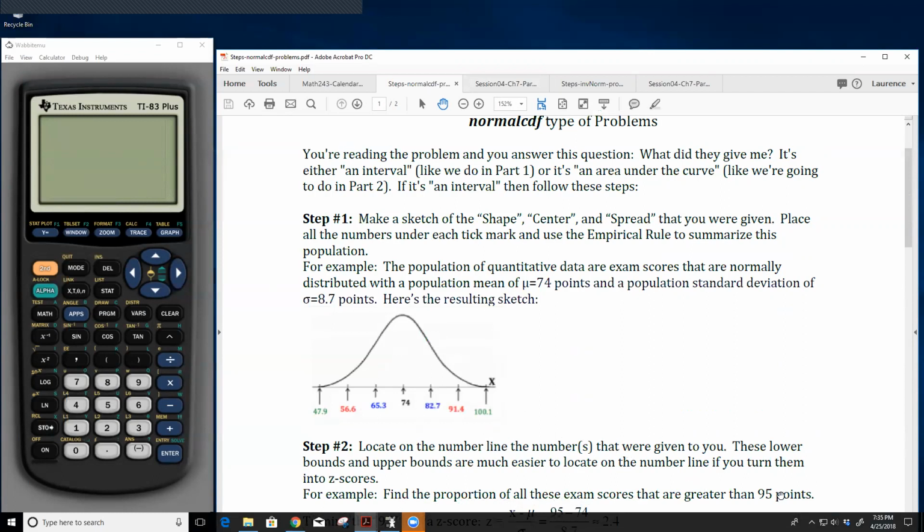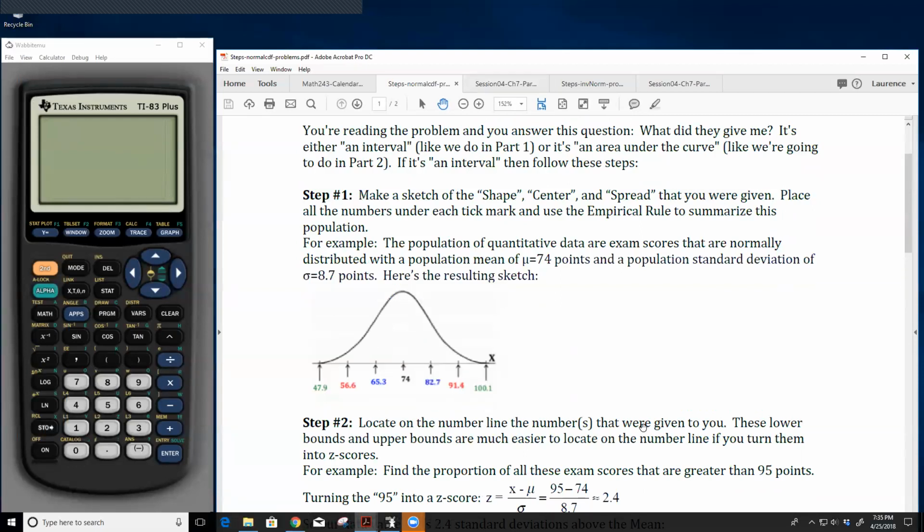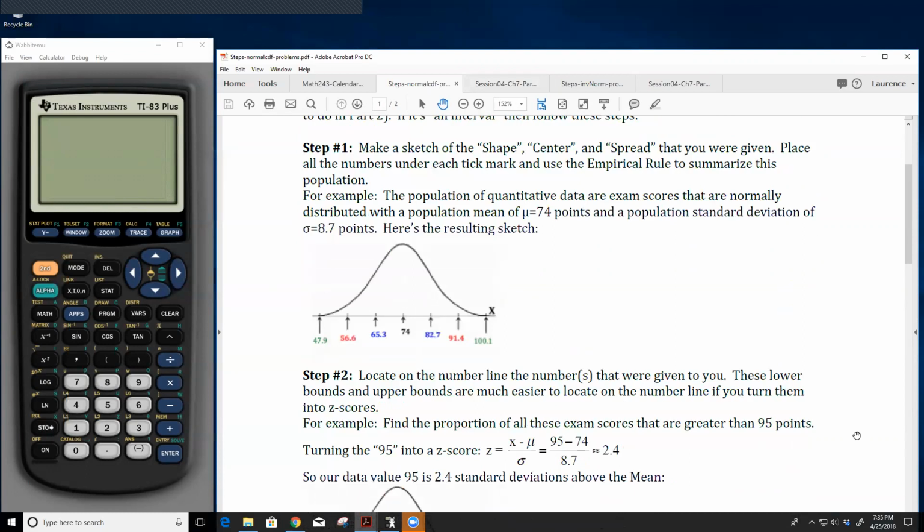So you need to find 95 on your number line. Say, well, it's somewhere between these two numbers. Well, if you want to know a little more precisely, remember z-scores? Well, take that 95, turn it into a z-score. Now, isn't it a lot easier to locate now?